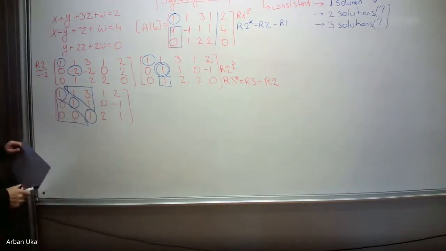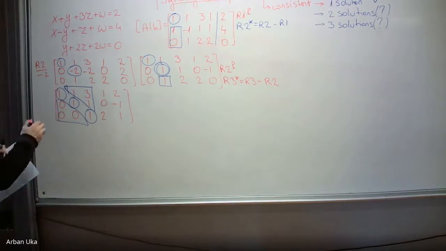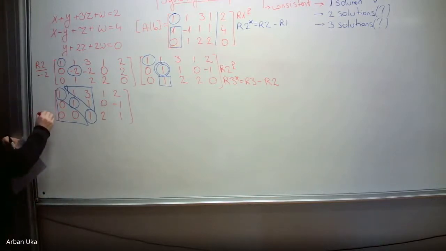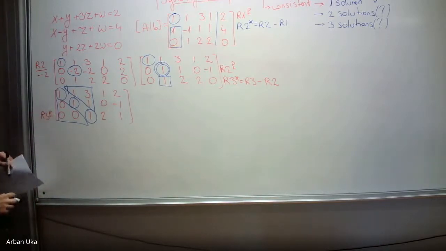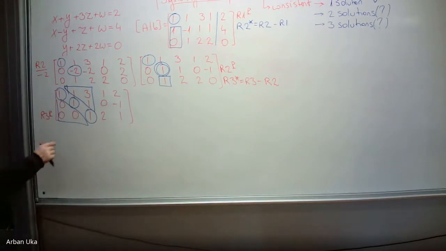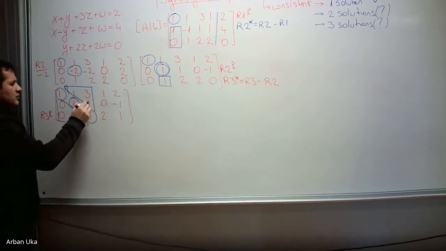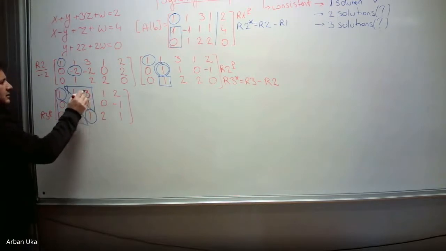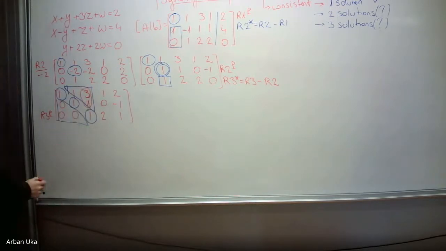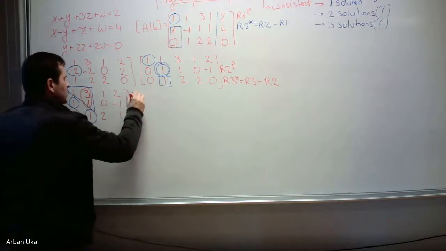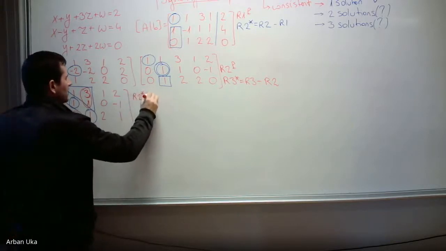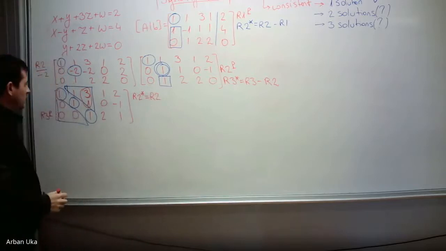How can we do it? Now we have the row 3 as a pivot. Having the row 3 as a pivot, we can try to make 0 this one here and this 3. So these two elements. How can we do it? We can say row 2 star is equal to row 2, then what?